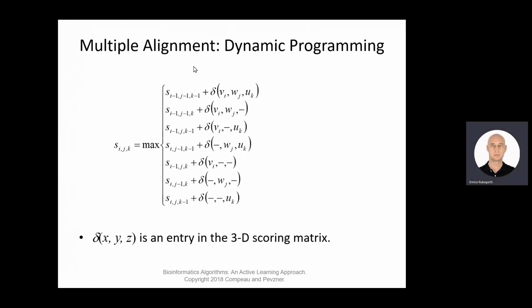So at each point, I have to analyze the 7 previous ones. I have 7 previous points, and the delta is the distance matrix. It is a scoring matrix. And I have x, y, z. The score is in function of x, y, and z.